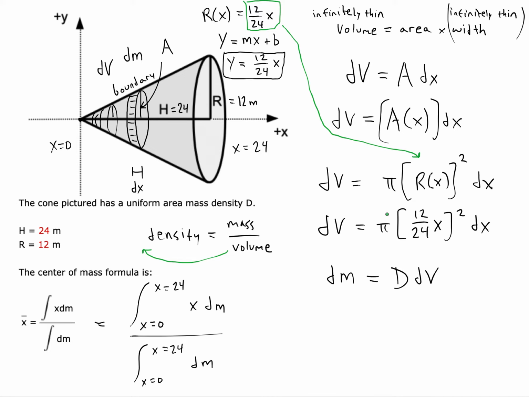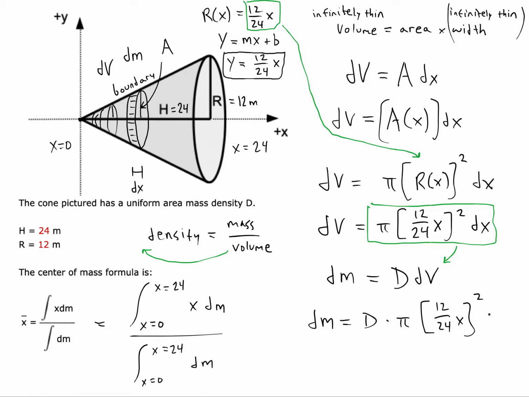And now all you do is take everything that you'd found here and plug that in here. So you get dm equals d times pi times (12 over 24 x) squared dx. And now you have everything you need in order to finally replace dm with something better, which is in terms of x. So plug it in both there and there.